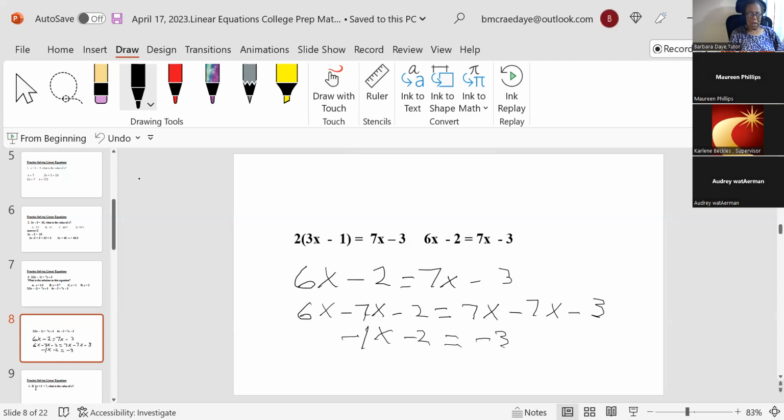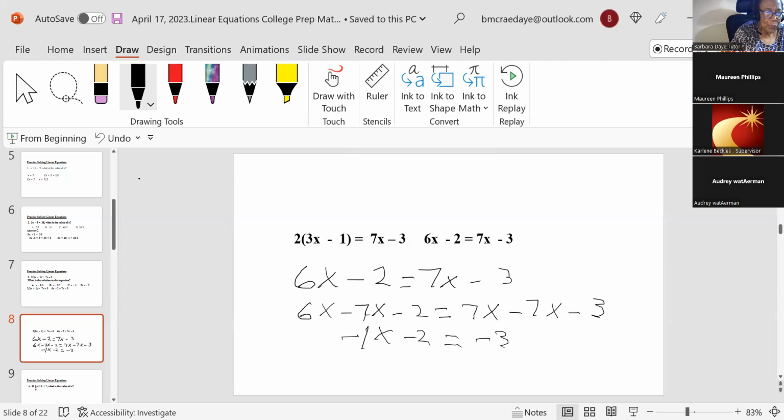Remember, Audrey, you want to isolate the x by itself. Think about it, Audrey. How do you get this -2 to the side with the -3? Think of inverse operations.